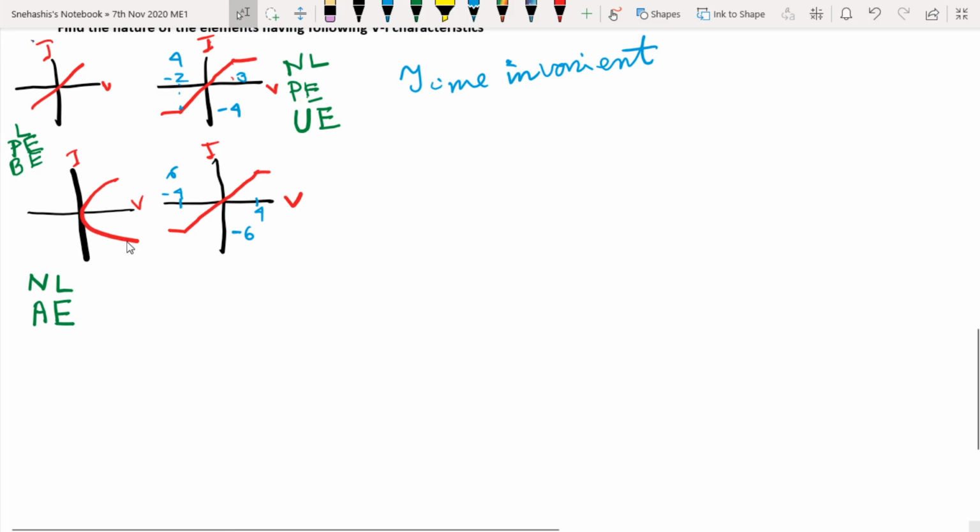Some kind of activeness is there as it is covering the fourth quadrant. And about the magnitude, you can see it is similar in the first and fourth quadrants. But in this case the slope is positive, whereas in this case the slope is negative, so it is a unilateral element.